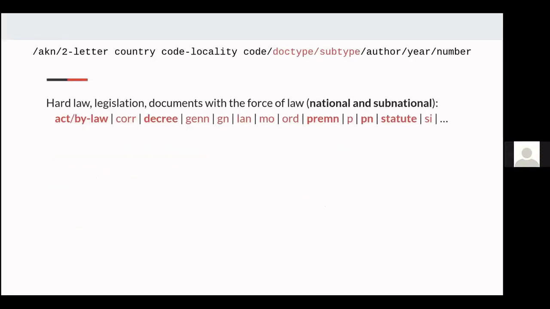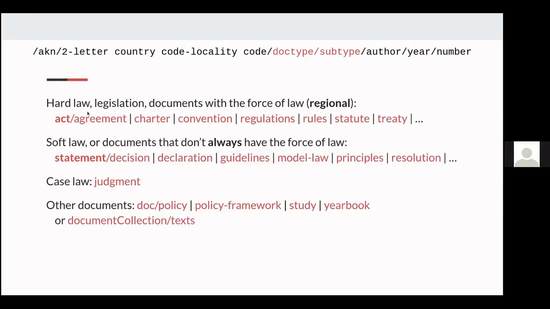For national and subnational, which is where we started, you'll see that first of all, we only looked at acts or at act type documents because we only look at gazetted texts, which all have the force of law. And you might notice that some of these are abbreviated and some of them aren't, whereas for the regional doc types and subtypes, we don't abbreviate subtypes ever.